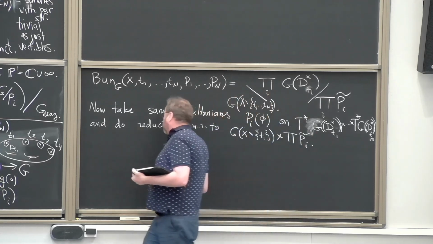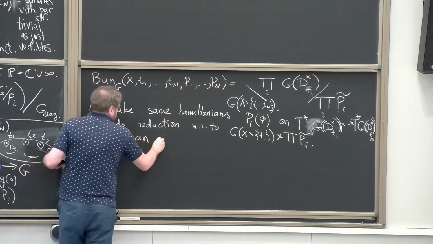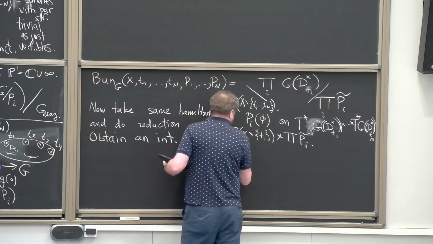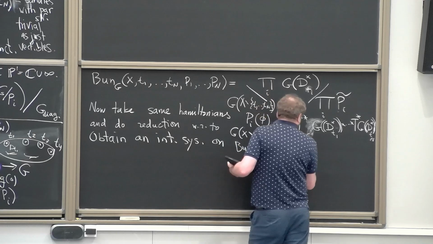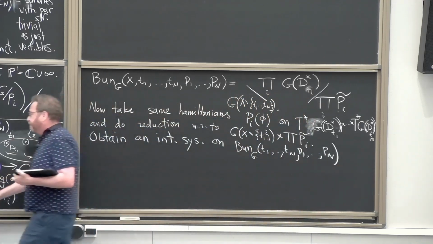And then we obtain an integrable system on Bun_G of T1, ..., Tn, P1, ..., Pn. One can show that Hitchin's theorem extends to this setting.